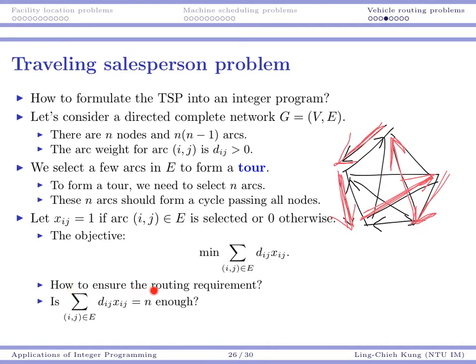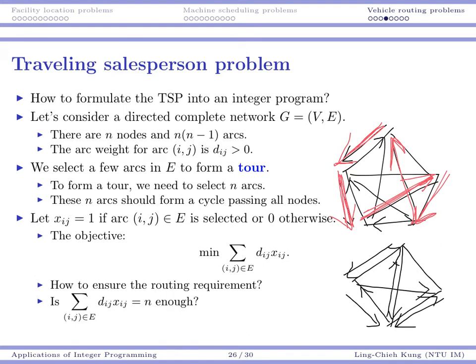Then the next question is, how do we ensure that we are really creating a route? For example, should we add this constraint to require ourselves to select n arcs? Well, if you think about this problem in more detail, you understand this is not enough. Let's look at this example.